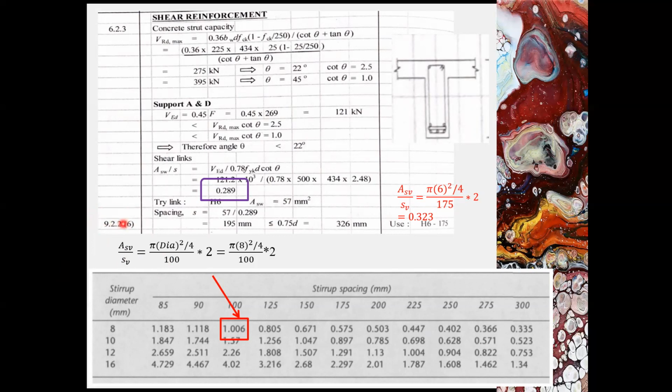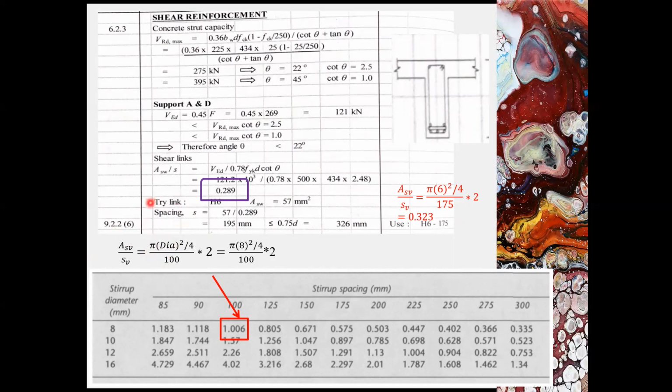Therefore, pi d squared over 4 multiplied by 2, and we divide by the spacing sv. In this case, we want to know the spacing of 100 mm. So once we have pi multiplied by diameter of 8 squared over 4 multiplied by 2 legs divided by 100 mm spacing, we can obtain 1.006.